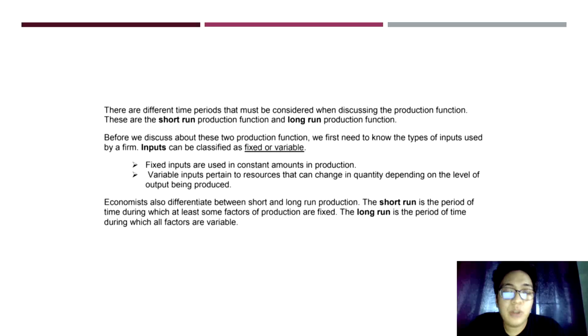Long run naman is the period of time during which all factors are variable or all factors are changing. Ibig sabihin, all of the inputs are variable inputs. Pabago-bago po. Yun yung difference between short run and long run.